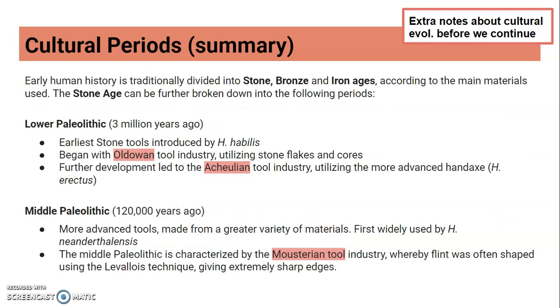Cultural periods. So we might be talking about some different periods in human history, and it's good to know where everything falls on the timeline. So I've added in some of this information as well. We've gone through the Paleolithic period when we were looking at tool culture, and the defining feature of the Paleolithic was the advancement in tools.